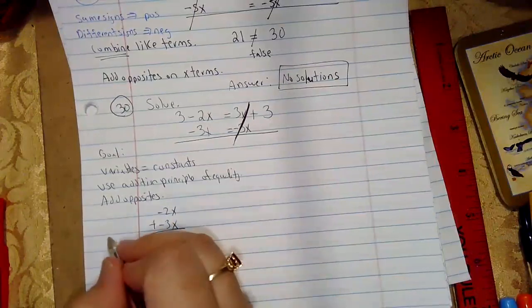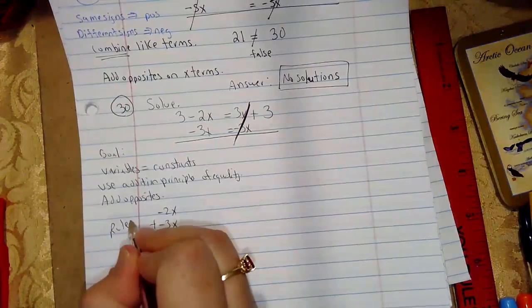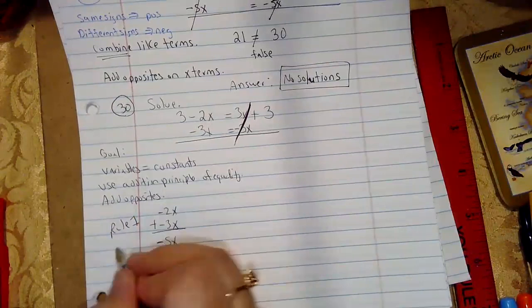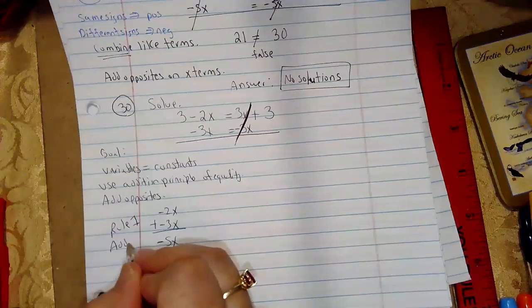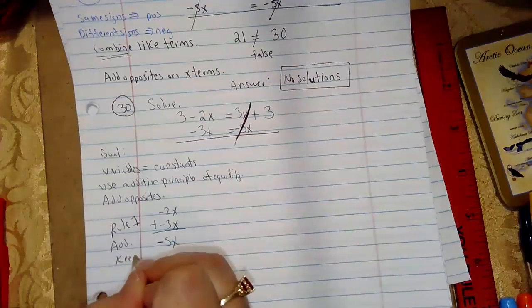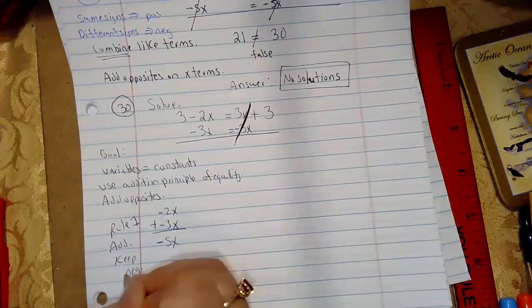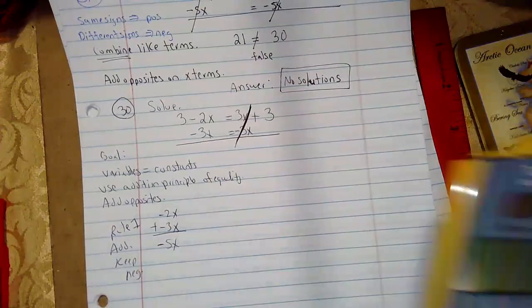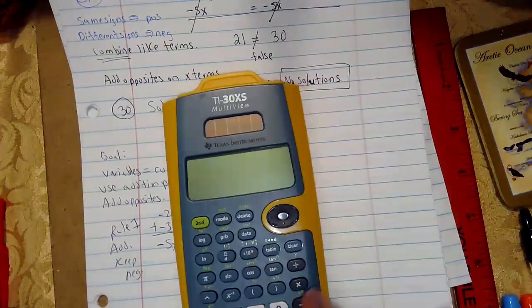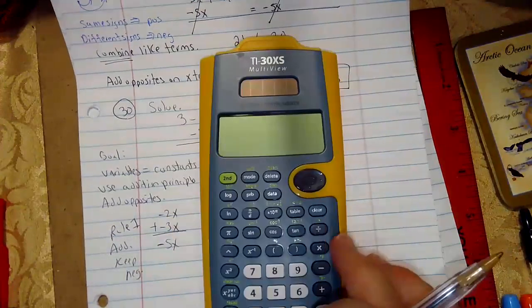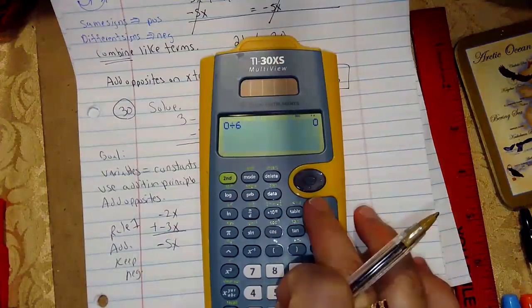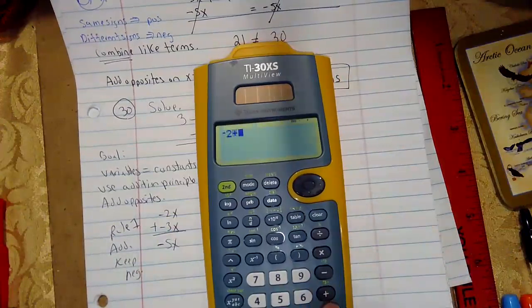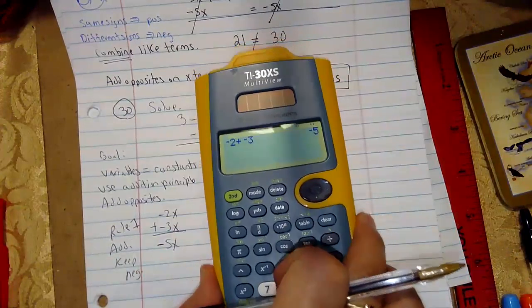So this is what I call in my elementary algebra class rule number 1. You're adding two negatives, so you just add and you keep the negative sign. So that's a negative 5x. Again, you can use your calculator as a tool to double check that. Now you can't put x terms in here, but you can do -2 plus -3. That gives you -5. So it's -5 with respect to x.